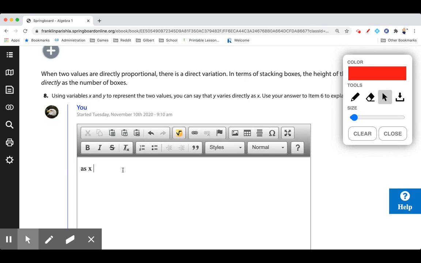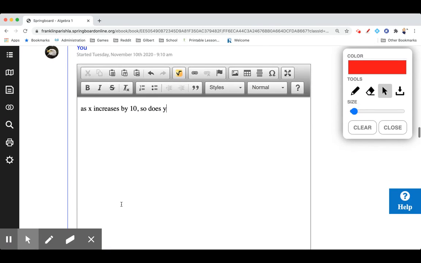As x increases by 10, so does y. Basically, when you multiply an x by 10, your y increases by a factor of 10.